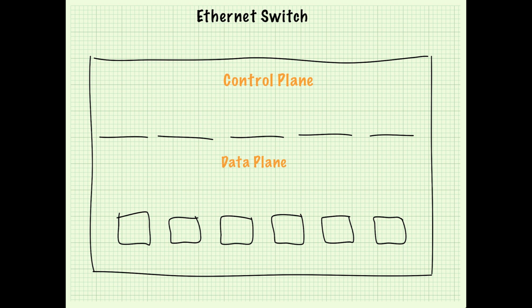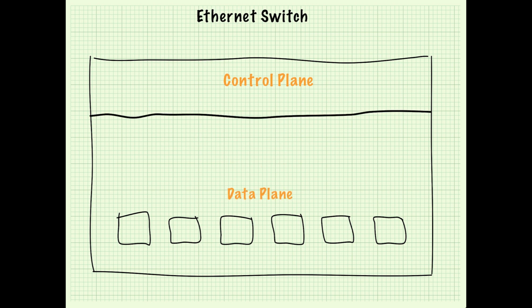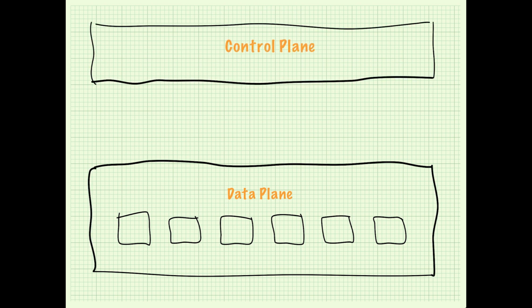We've got an Ethernet switch with a control plane and data plane, and we talked about the roles of these two parts of the switch. Now imagine redesigning the architecture a bit and separating the control plane from the data plane physically, not just the logical distinction in their roles in the switch, but actually physically separating them.